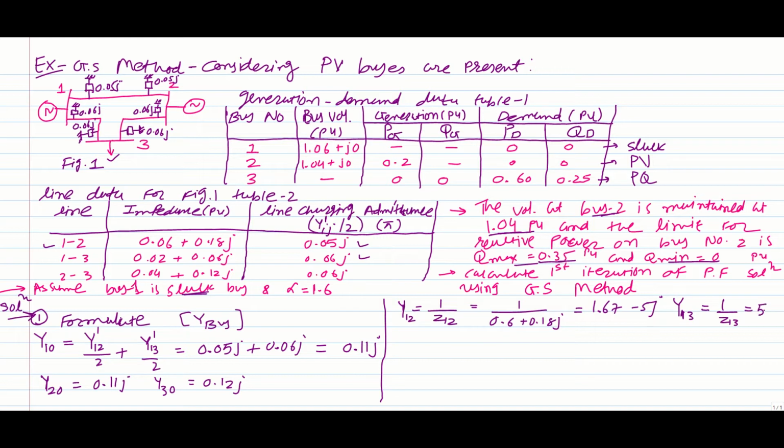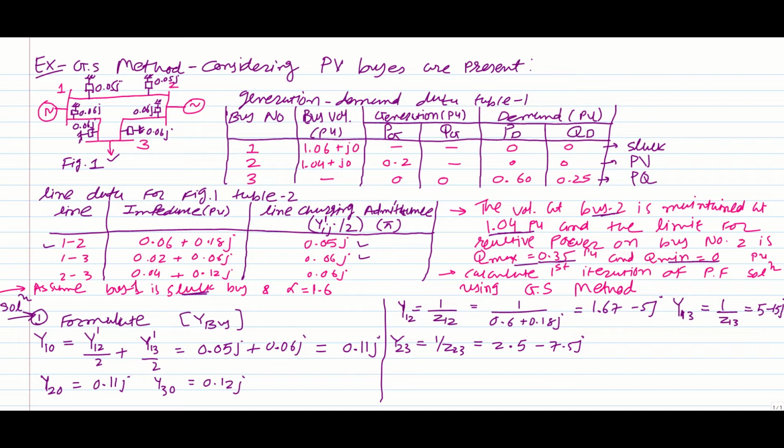If you wish, you can verify it by yourself. 15J. Next, Y23. Y23 is equal to 1 divided by Z23, which is equal to 2.5 minus 7.5 J.